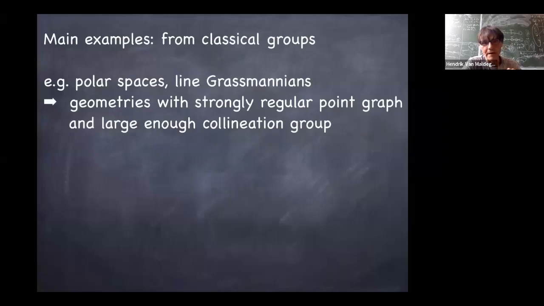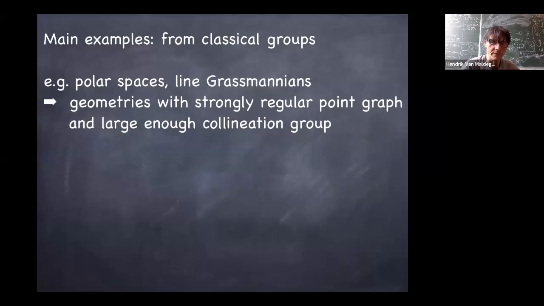So what are now the main examples of rank 3 graphs? Well, the main examples come from classical groups. And the graphs themselves come from the geometries that go along with these classical groups, like polar spaces, line Grassmannians, also half-spin geometries, etc. So you have geometries with strongly regular point graph and a large enough collineation group.